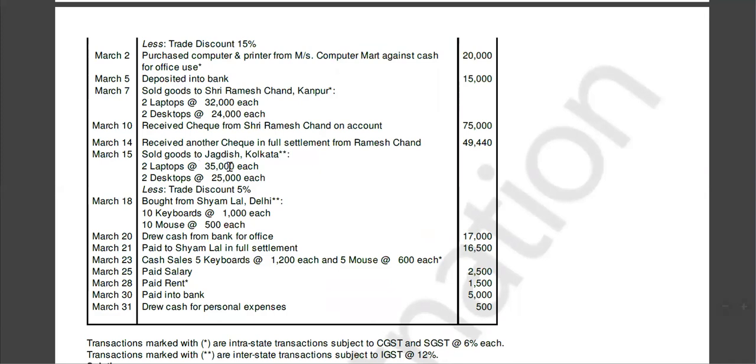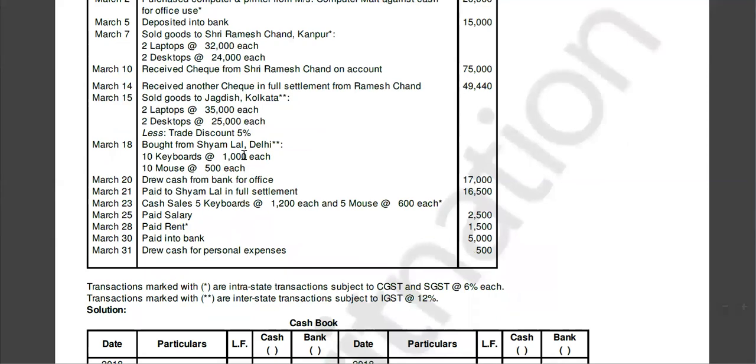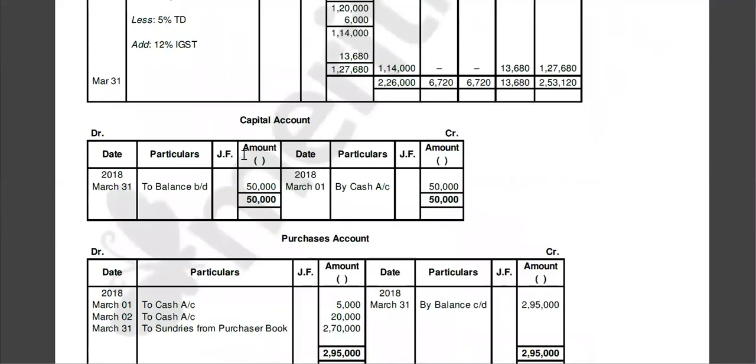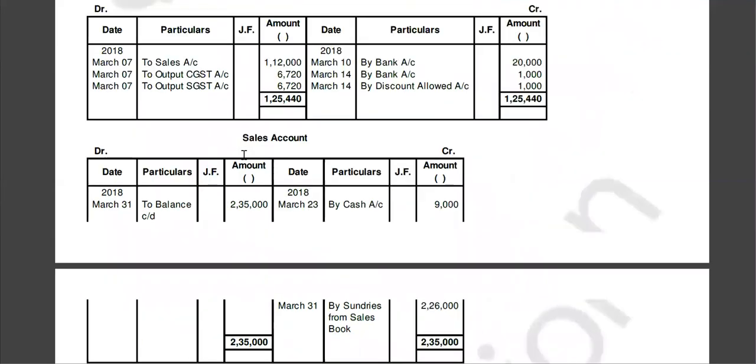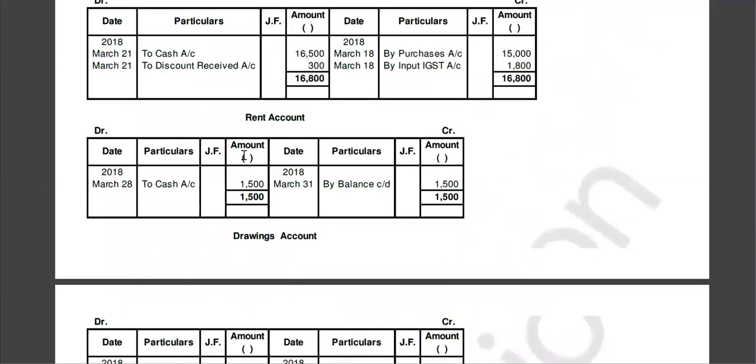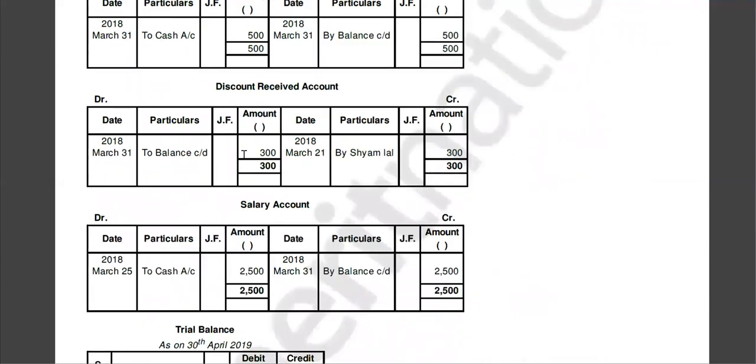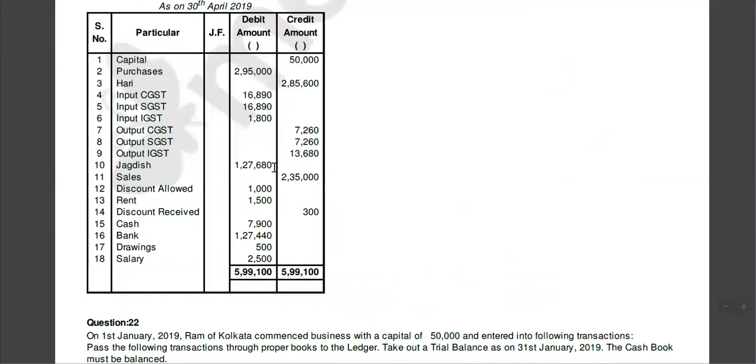Sold goods to Jagadish means Jagadish account debit to sale account. So here Jagadish playing debit role. Jagadish debit. The same hereafter you will get easy.